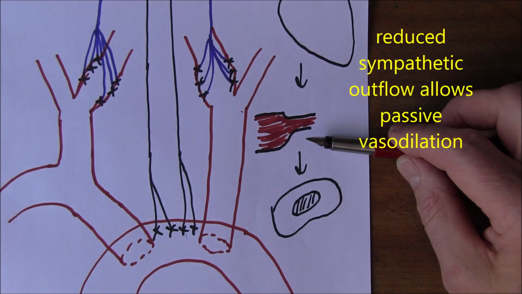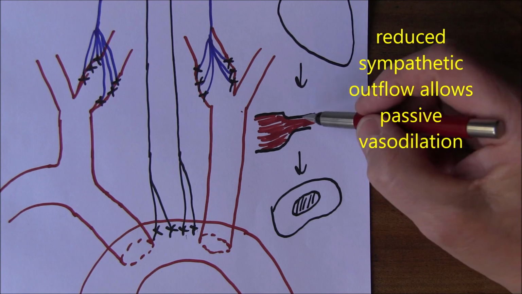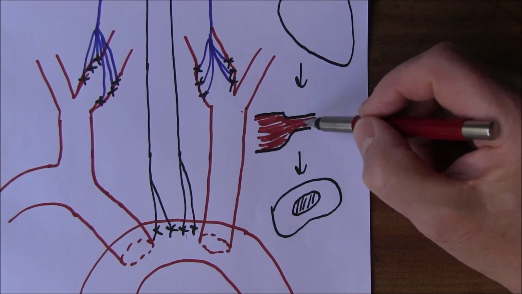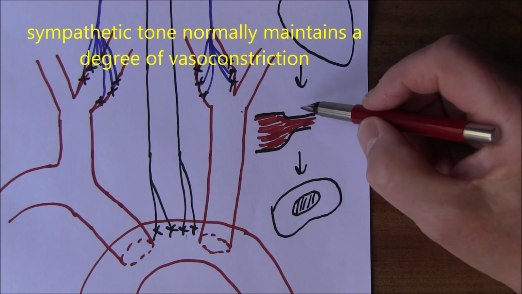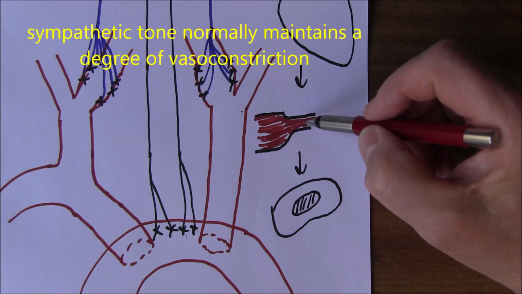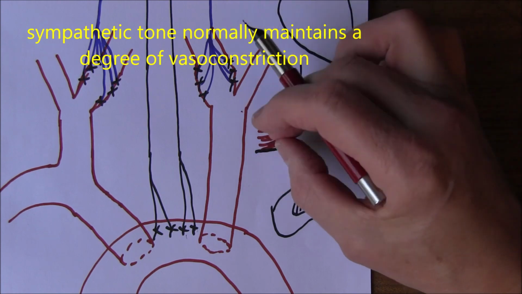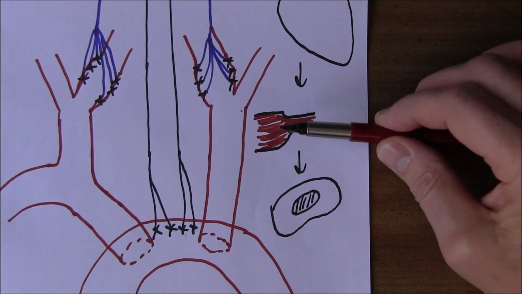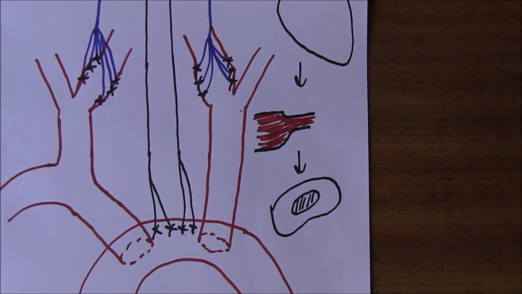So basically, the peripheral arterioles are constricted by sympathetic tone. So there's constant stimulation of the sympathetic nervous system to constrict them. And if you take away that sympathetic tone, then they will naturally dilate. And if they naturally dilate, that will lower systemic vascular resistance.